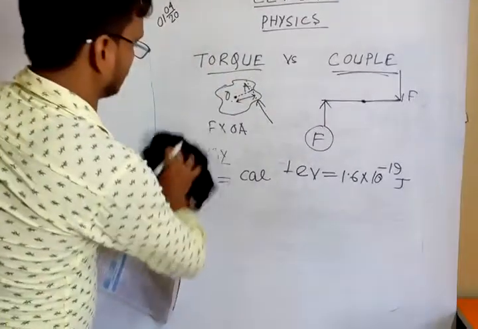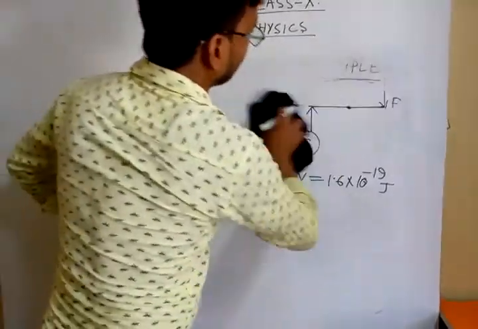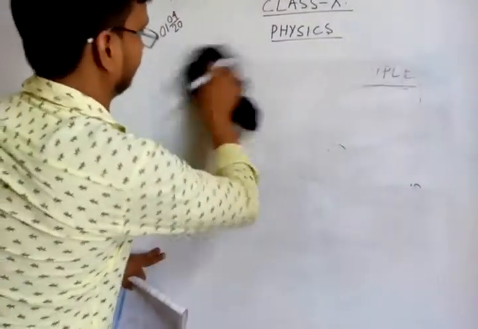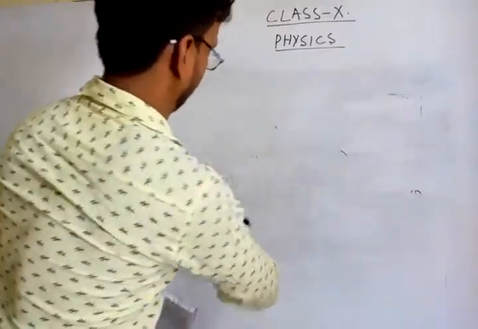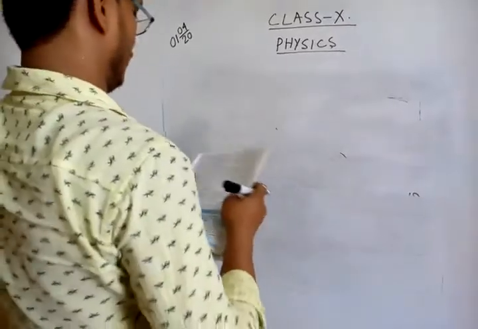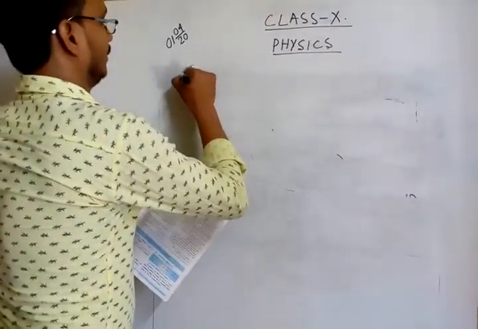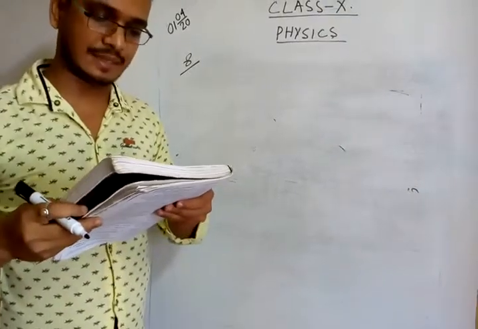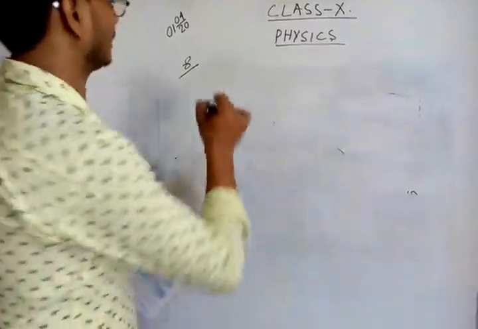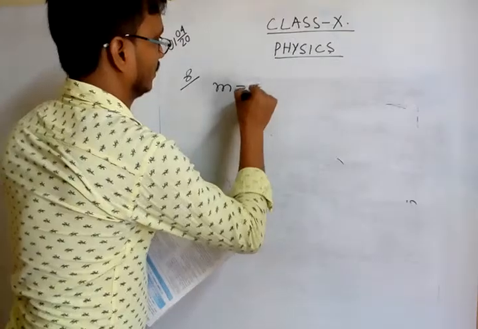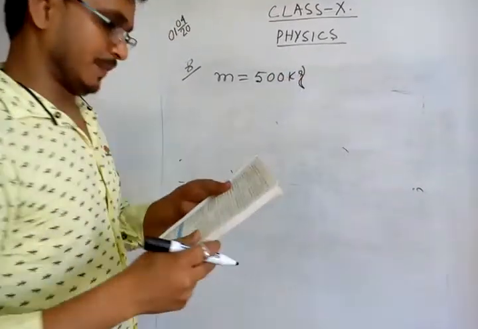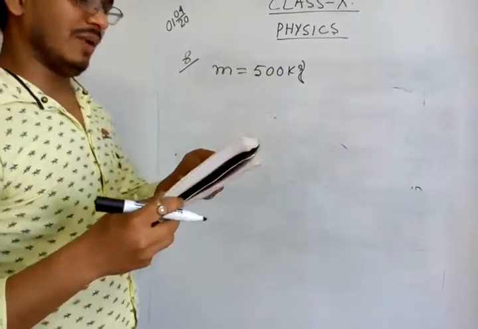So just look at that numerical. Question number 8. A pump is used to lift 500 kg of water from a depth of 80 meter.